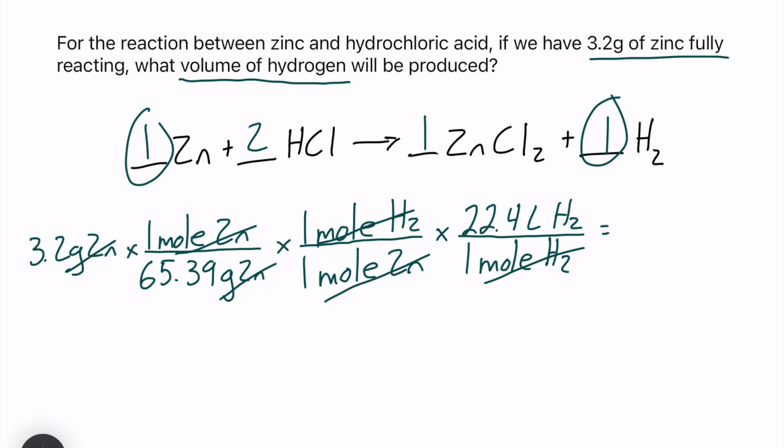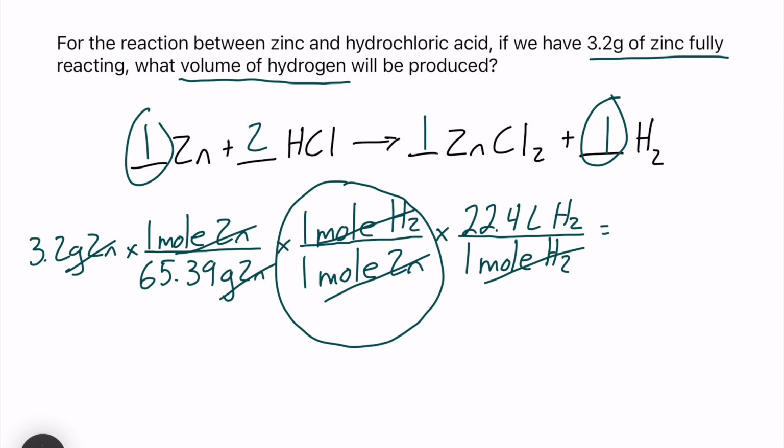So we're going to go 3.2 divided by 65.39. And we can kind of skip this step since it's a 1-to-1 ratio. If it was any numbers other than, I guess, a 1 and a 1 or a 2 and a 2 or a 3 and a 3, you would have to type it into your calculator, but it's an even ratio.